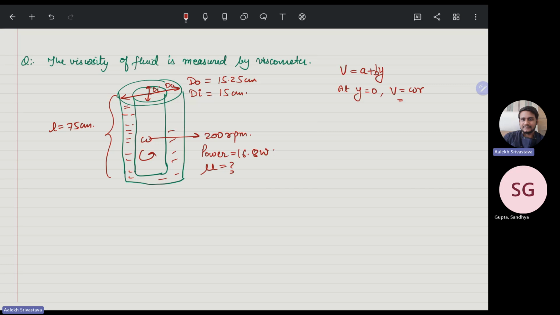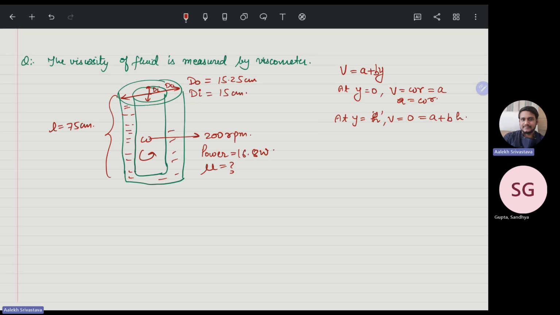Therefore, a is equal to omega r, and at y equal to h, the distance between them, v is equal to 0, that is a plus b into h.